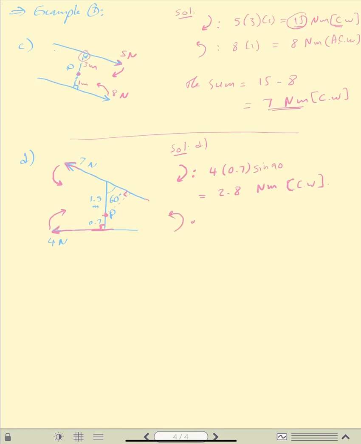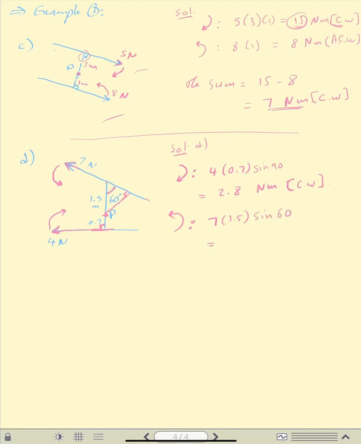Anti-clockwise, which is the 7 Newtons. But what's the difference between the 4 Newtons and the 7? It acts with an angle. The force is not making 90 degrees with the line of action, like the 4 Newtons. You are given 60 degrees. So the distance between P and the line of action is 1.5 meters times sine 60.